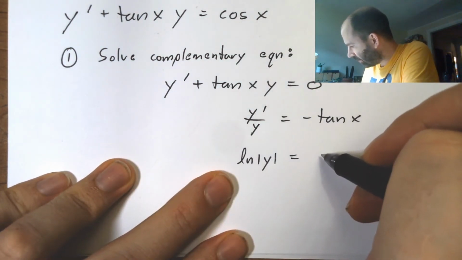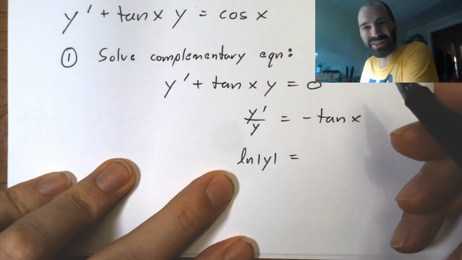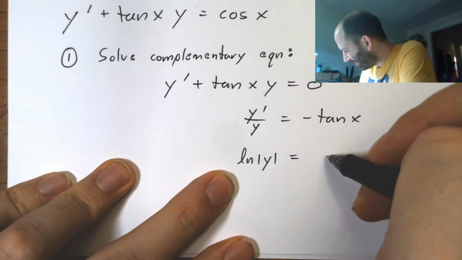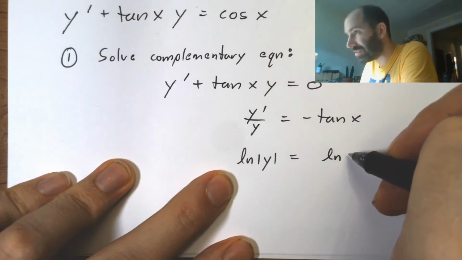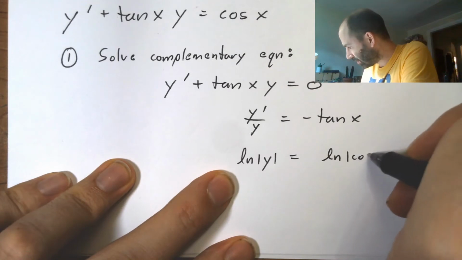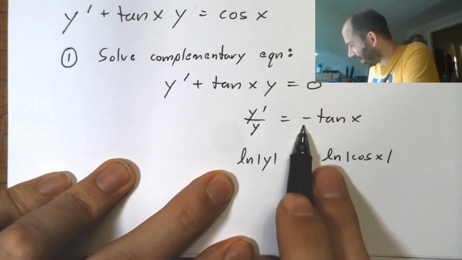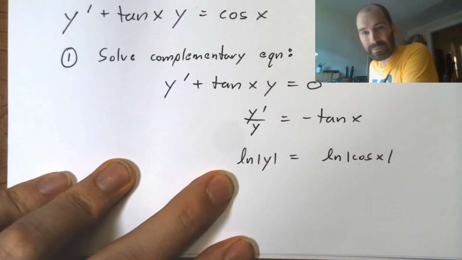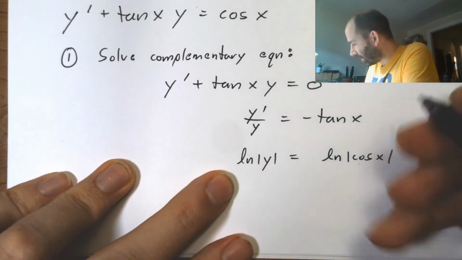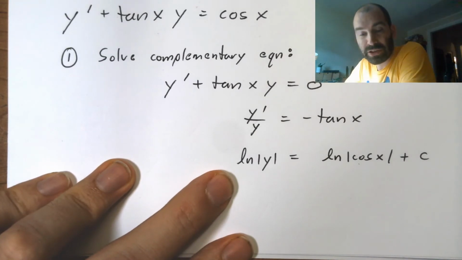It's negative natural log of cosine x, and I think the negative sign comes for free there, because when you differentiate this, the negative comes out. Now you get a plus some arbitrary constant when you anti-differentiate.